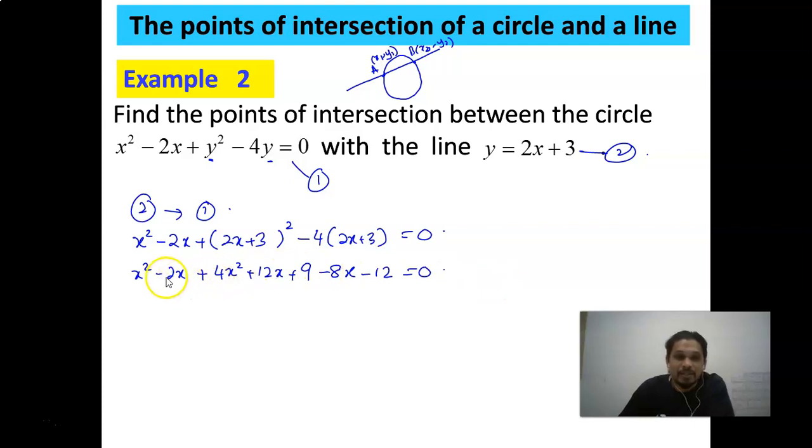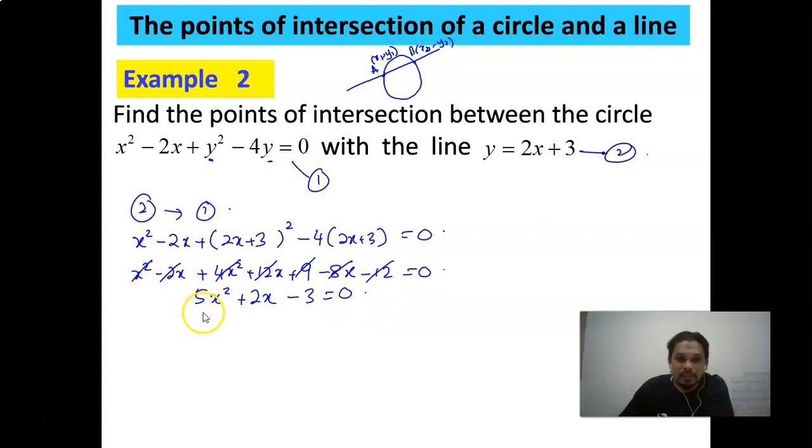Okay, so now let's simplify this. x squared plus x squared, 2x squared. Negative 2x minus 4x plus 6x. And 9 minus 12, minus 3, equals 0.